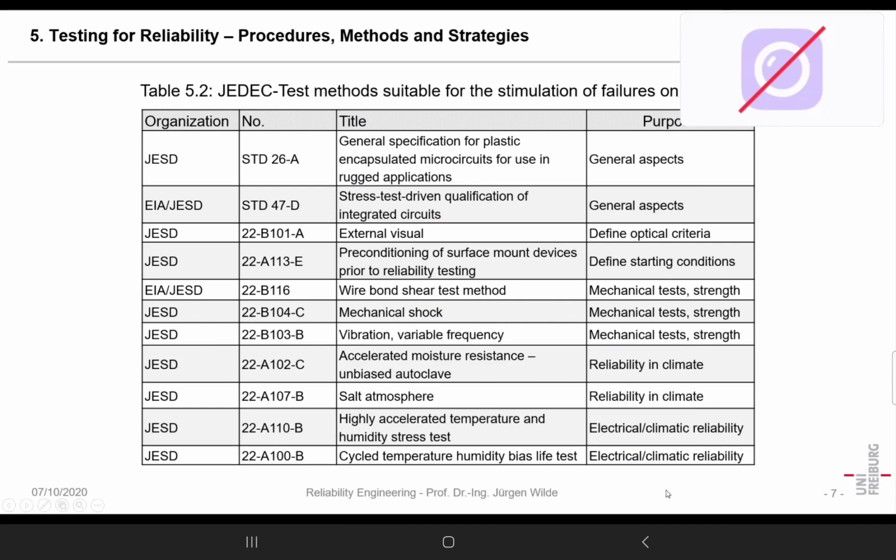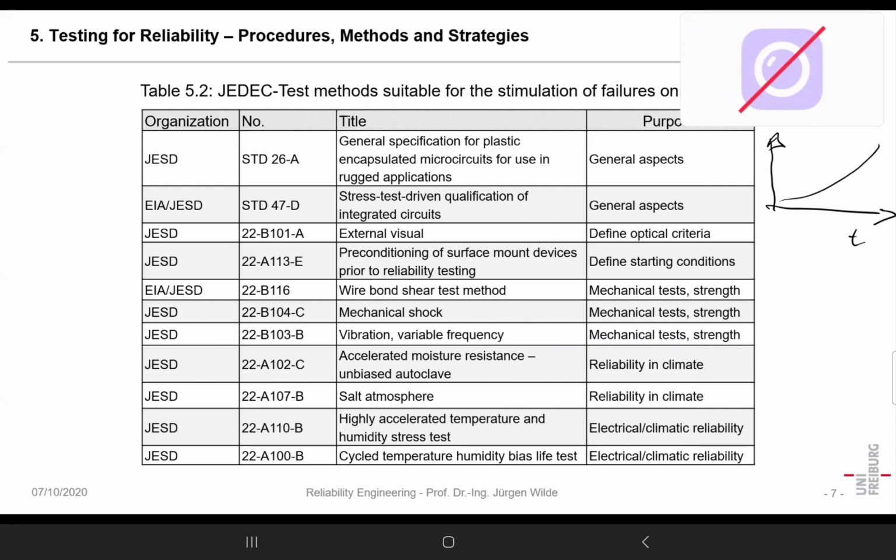When we look here at the purpose, we can say reliability. That always means we look if there are failures after that time. On the other hand, sometimes we do not really get reliability data. So reliability, to repeat it, means we have a certain test time, and we look how many fail over time.